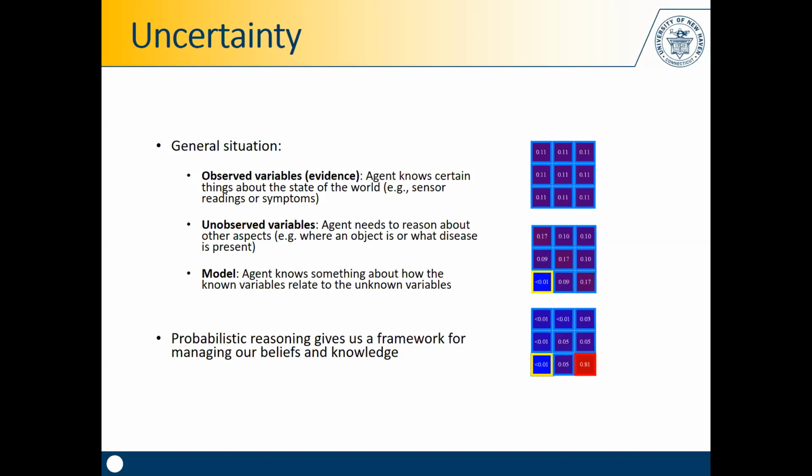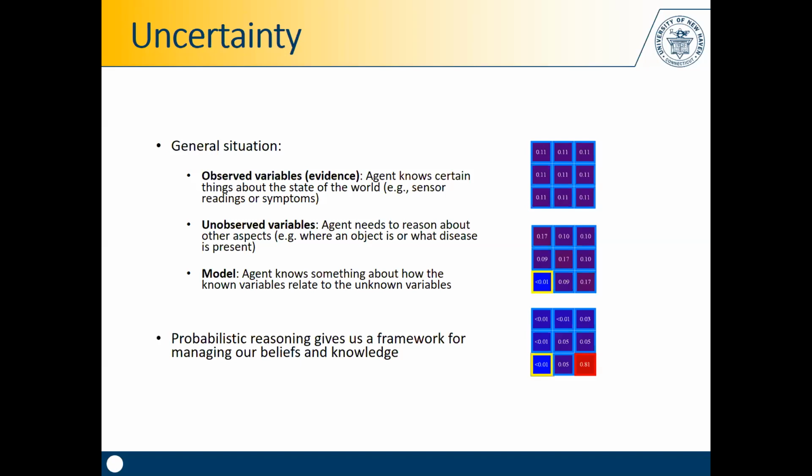What is the disease? Now, there is also another concept that is very important in these situations called the model. This is very similar to the terminology we've been using in MDPs or previously in search. A model is what the agent knows about how the known variables relate to the unknown variables.